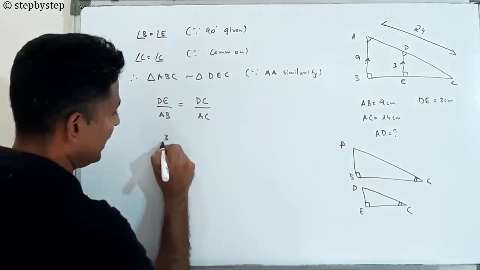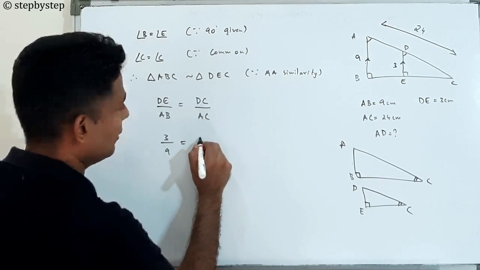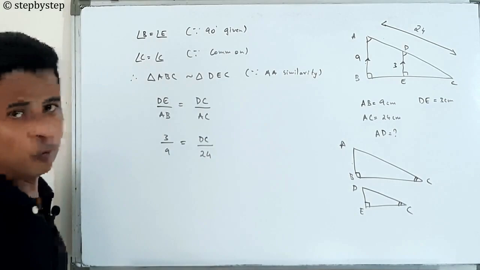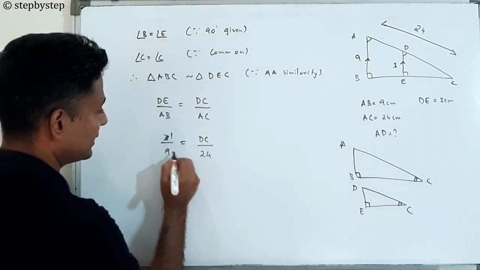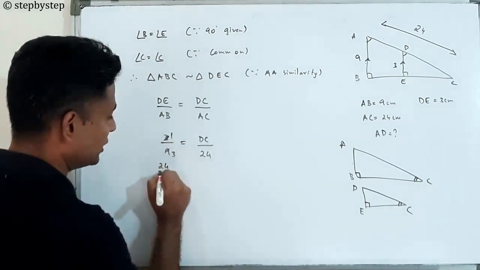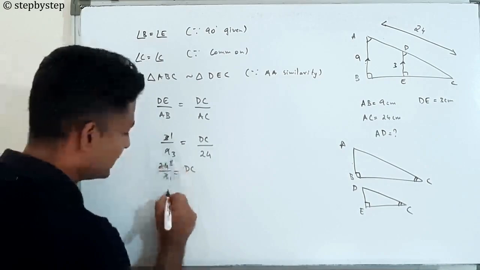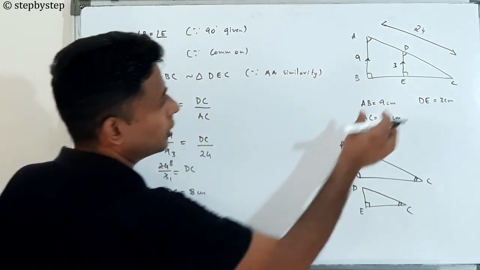So now what is DE? They have given DE is 3 and AB is 9 is equal to DC, we do not know DC, by AC, that is 24. So using this we can find DC. 3 ones are 3, 3 eights are 24. When I take this up, I transpose, it becomes 24 by 3 equal to DC. So I get DC is equal to 8 centimeters. So I got DC.